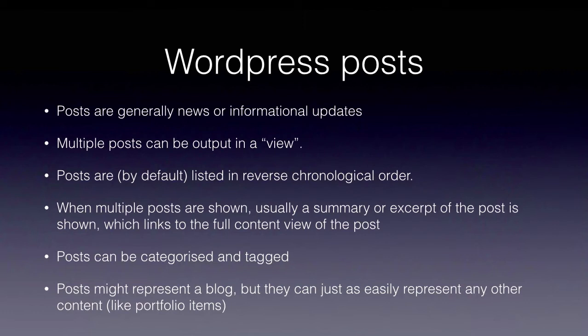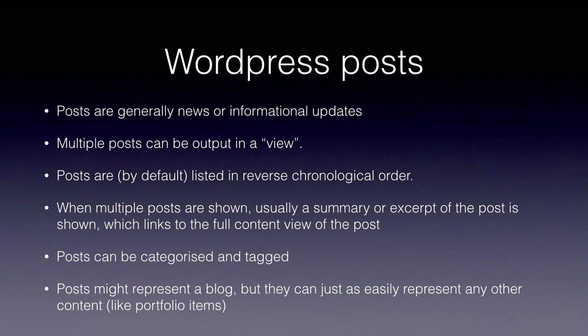So if you do create a portfolio item as an individual post, then you can do things like tag that particular item or categorize it, and then you can, let's say you have various different categories of portfolio items, like you might have graphic design works, you might have photography works, you might have web design works. Okay, then you could view those posts in different categories by categorizing them. If you had to just put them in different pages, then you wouldn't be able to do that necessarily.